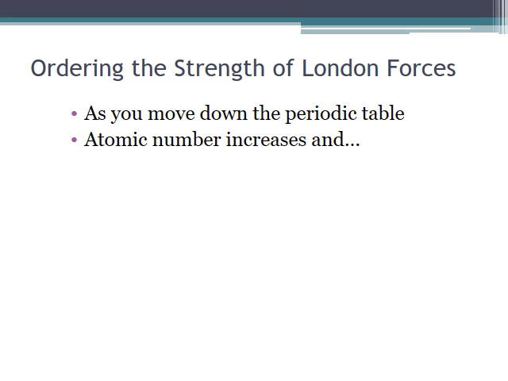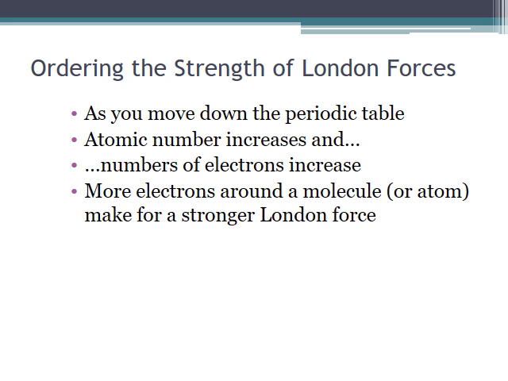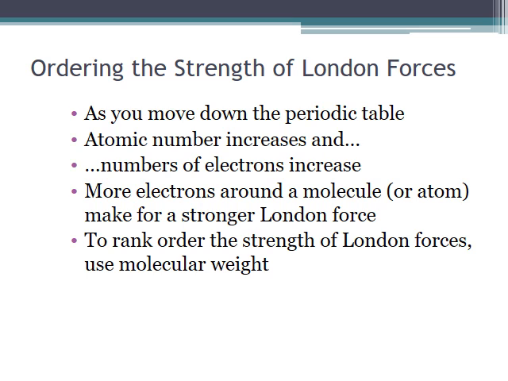But it's not the atomic number that determines the boiling point, it's the number of electrons. The more electrons you have around a molecule or around an atom, in the case of the noble gases, we get a stronger London force. If we want to rank the strength of London forces, let's use the molecular weight, because molecular weight will also tell us the number of electrons.